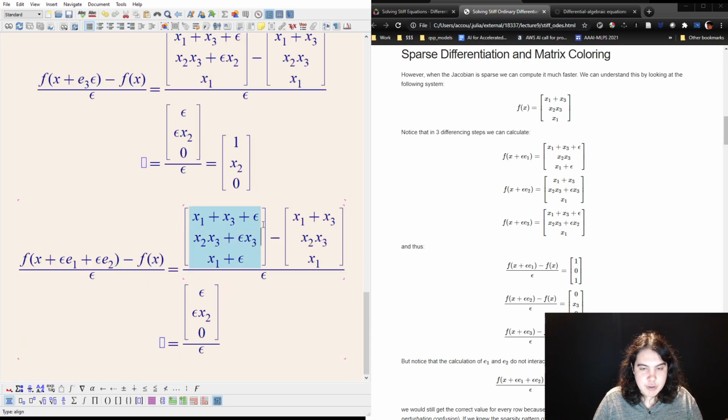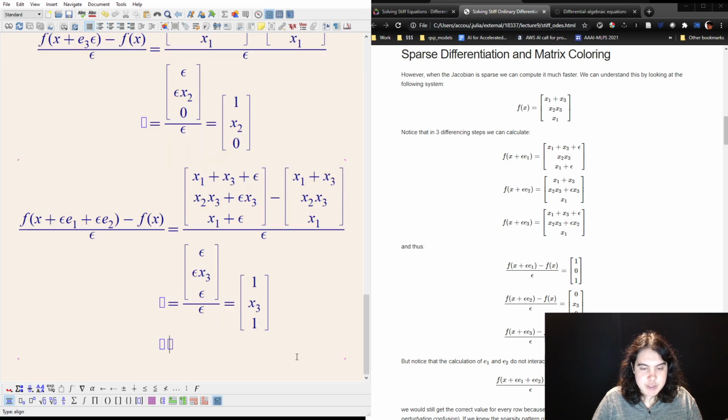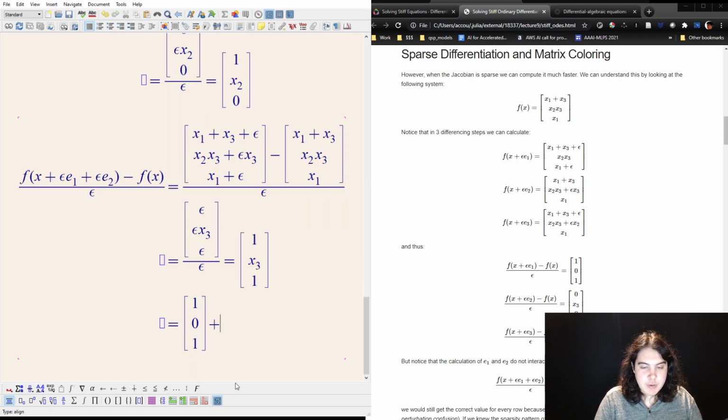So we have an epsilon up here, we have an epsilon x3, and we have an epsilon, which is equal to 1 x3 1, which is equal to, well, let me kind of write something down here. 1 0 1 plus... And you go, Chris, that's trivial that those two things are equal.